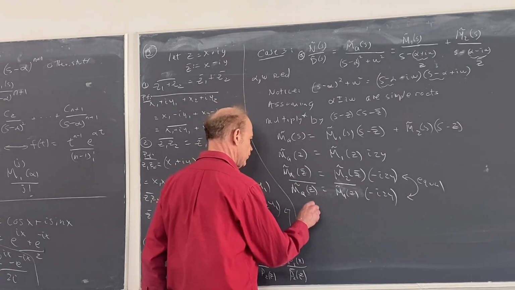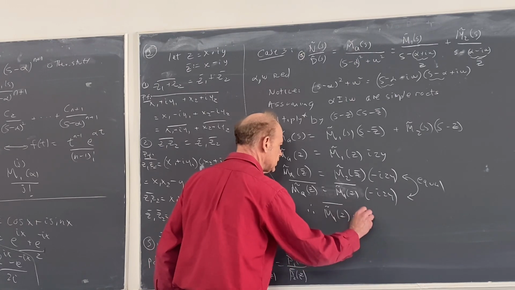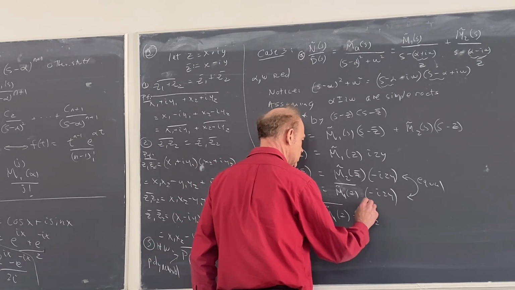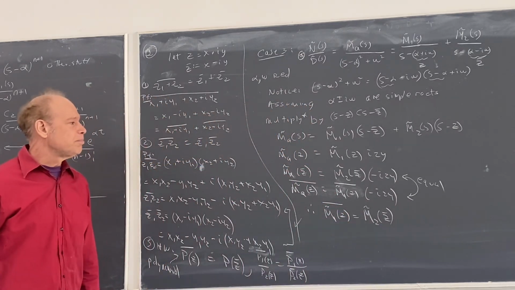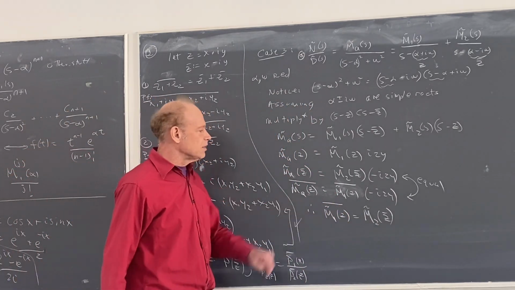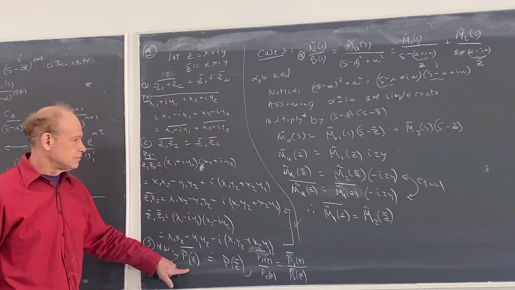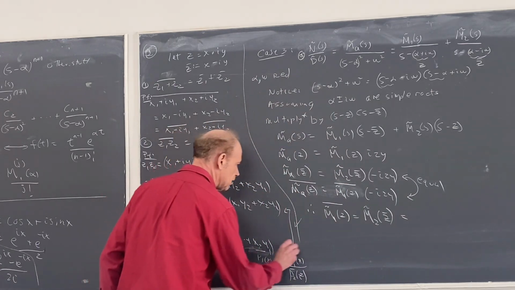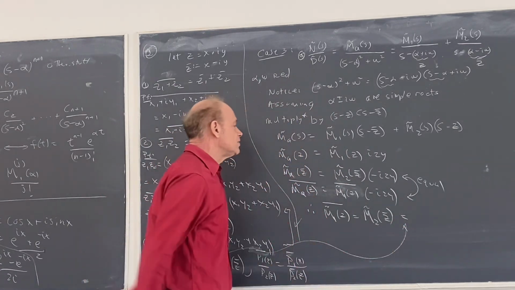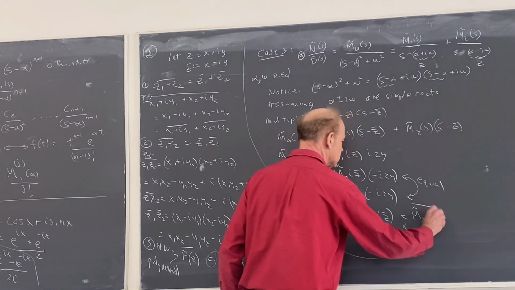So therefore, M1 tilde bar of Z is equal to M2 tilde of Z bar. But we know, so this follows, but we know because of this, that this implies this, that this is equal to M2 tilde bar of Z.